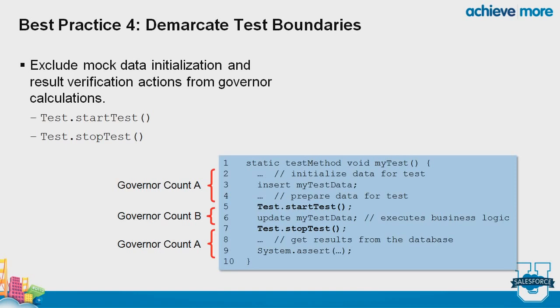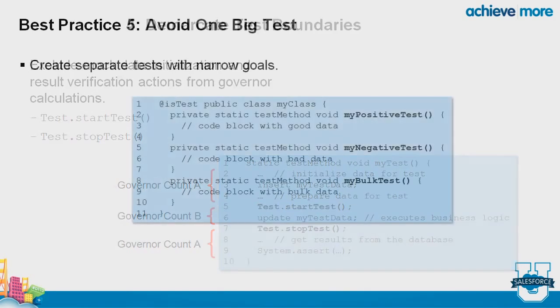And after you're done with your production code, you do a stop test. What that does is that it continues with the previous counter. So you don't have 3 counters. You only have 2. One that gets reset for your business code, and the other one for your test code. That is the sum of the initialization and the verification stages of your test method.